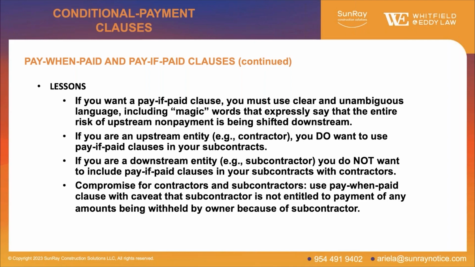My suggestion, if you're negotiating a subcontract on this issue, use a pay when paid clause, but include in that the sub is not entitled to any payment if the amount being withheld by the owner is because of the subcontractor. So for example, if an owner is withholding $100,000 and $50,000 of that is because of a specific sub, then the contractor can withhold that essentially $50,000.